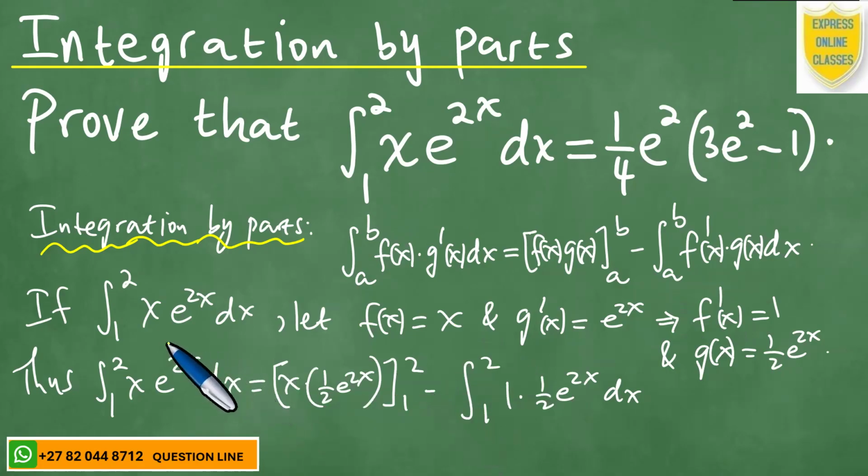We made these choices, and they were justified by a couple of things. Choosing f(x) to be x was relevant because we saw that the derivative became just a constant, rather than choosing f(x) to be the exponential, whose derivatives do not simplify to a constant in a way that reduces the complexity.